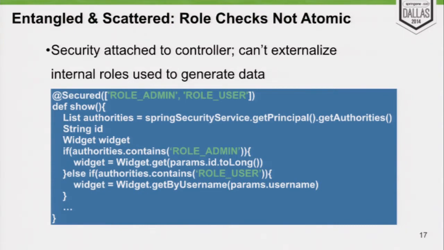And if role admin called it, then I want role admin to get the whole data set and role user to get a partial data set. Now the problem with that is that your API docs are always going to be off 100% of the time, because they can't see this. They can see this, but they can't see this, because they can't get access to this.